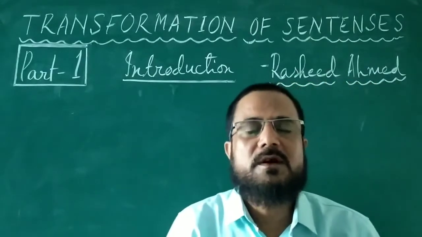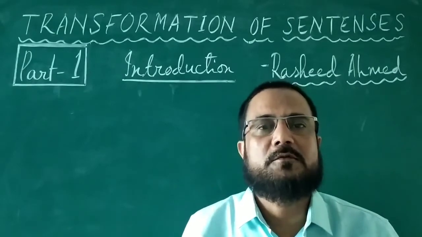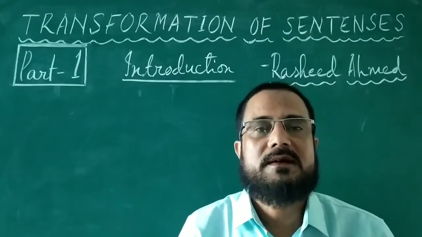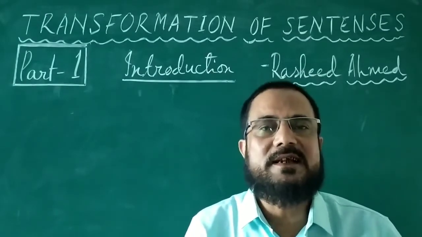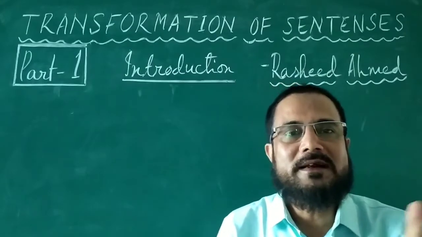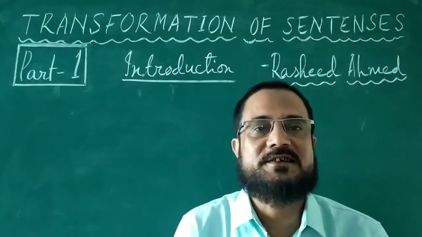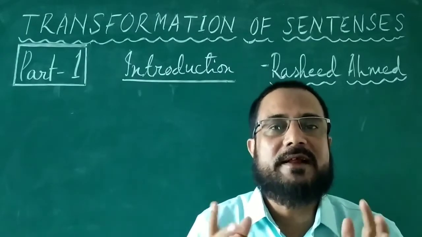introduction to it. What is this transformation of sentences? Transformation, we all know, is the noun form of transform. Transform means to change. What is change then? When you were in primary classes, at that time you were given certain small sentences and you were asked to change them into negative. For example, he is my friend.